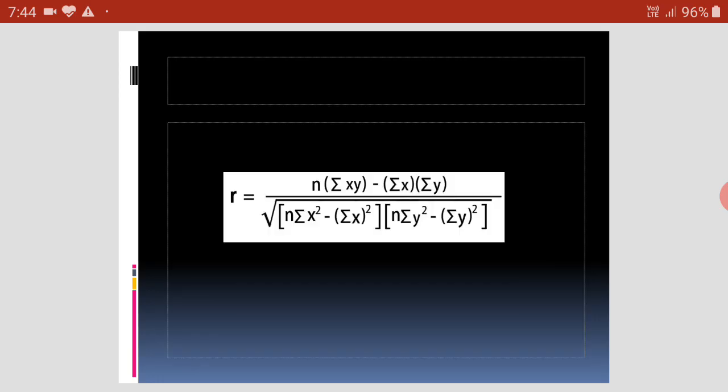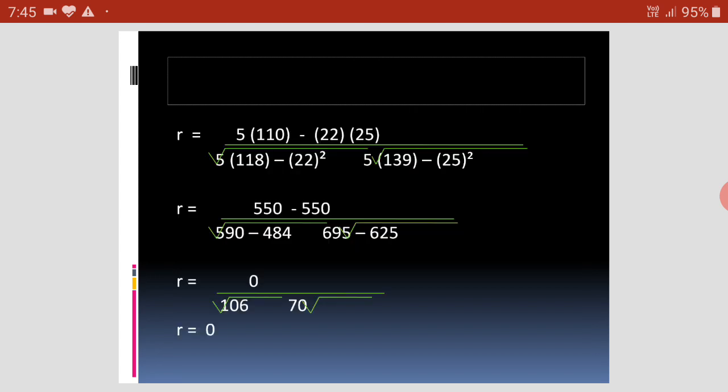Now the next step is to write the formula. As shown earlier, r is equal to n sigma xy minus sigma x sigma y upon under root n sigma x square minus sigma x whole square, under root n sigma y square minus sigma y whole square. Now put the value of n. N is equal to the number of pairs. Here the number of pairs is 5, so n is equal to 5.